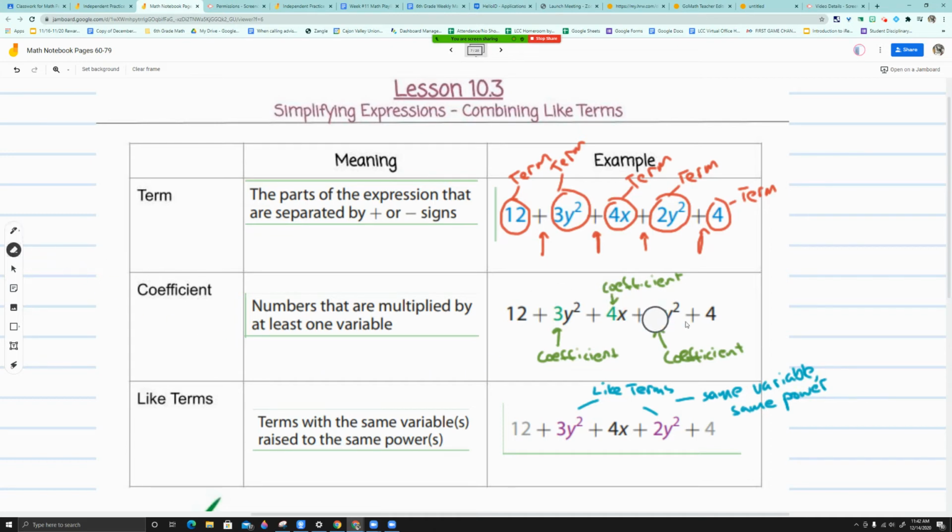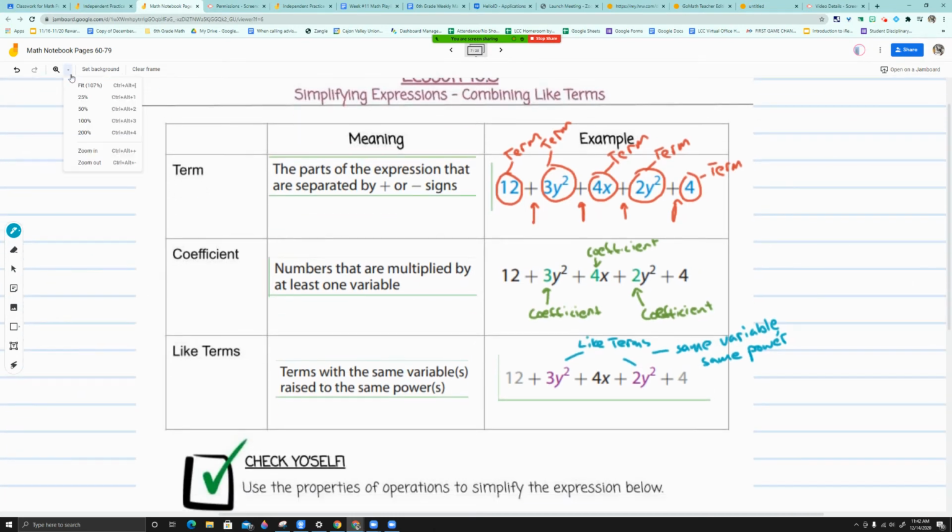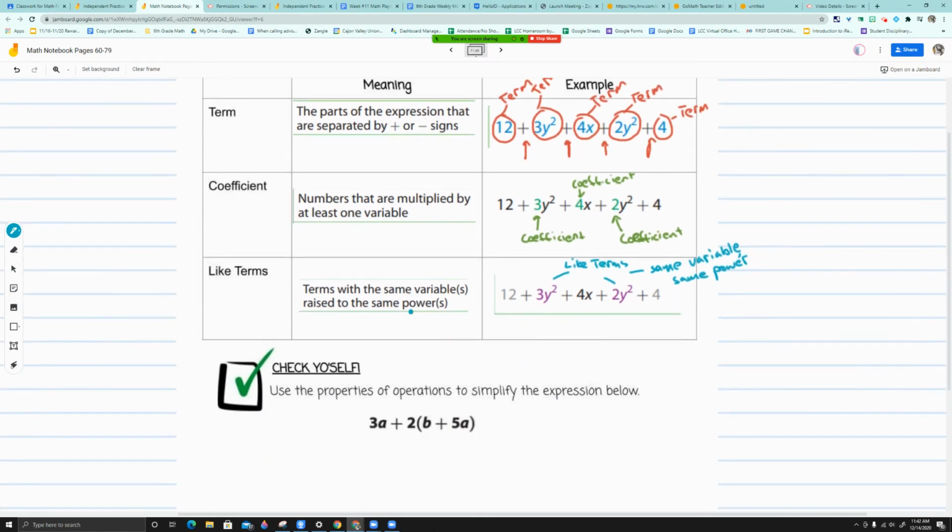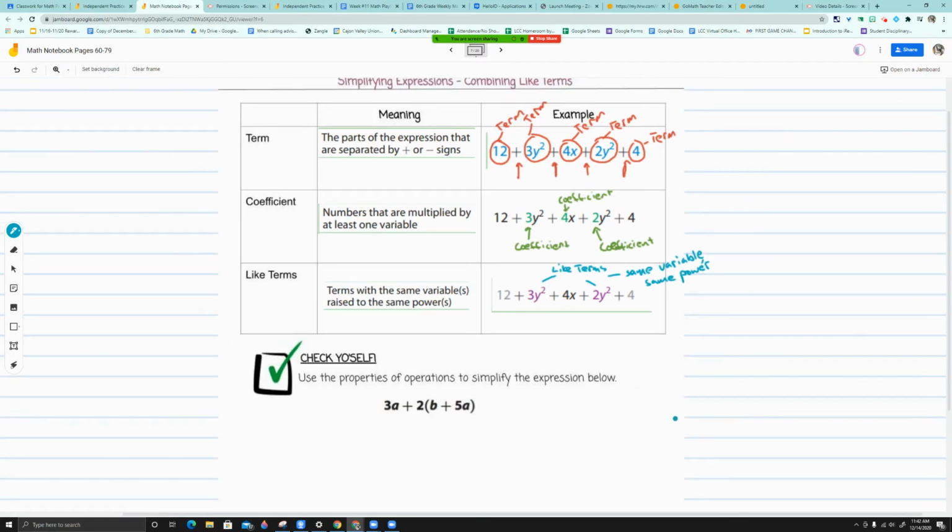So, any questions about these vocabulary words then? I'm going to give you guys a few moments to write this down. Make sure you got this all done. And while you're doing that, I'm going to zoom out and take a look at the check yourself section below.